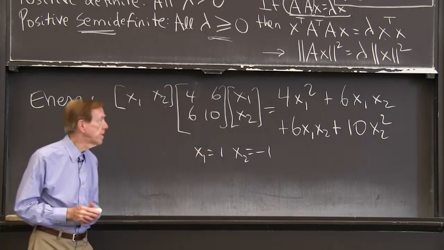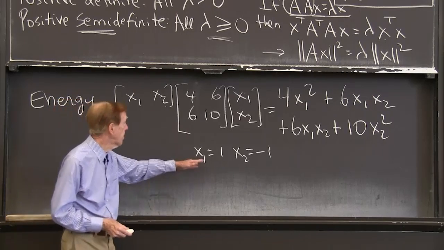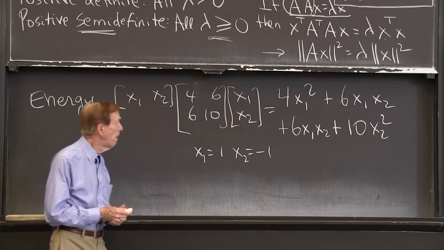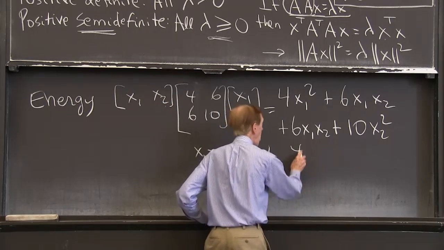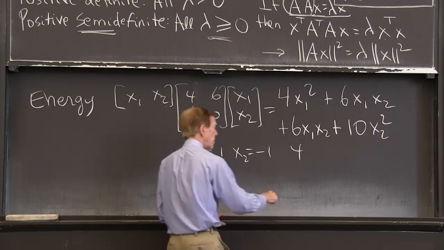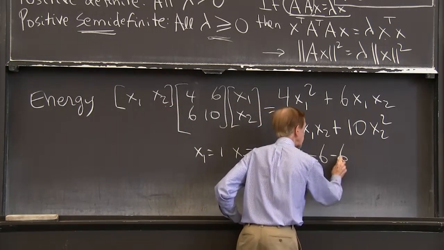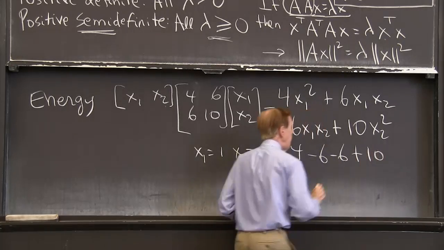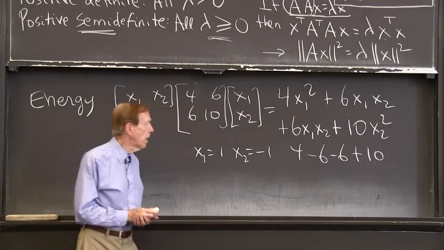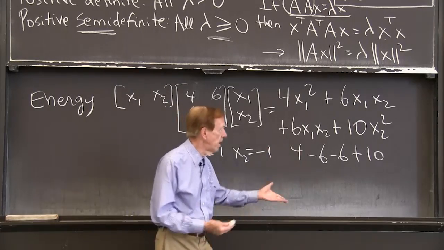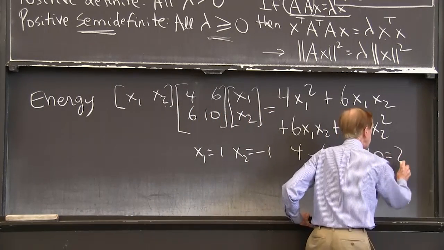Do I still get a positive energy? So my vector is 1, minus 1. So I get 4. Now, because of that, I have minus 6 minus 6, and 10 from the x2 squared. And that's 14 minus 12. That's 2. It's positive.